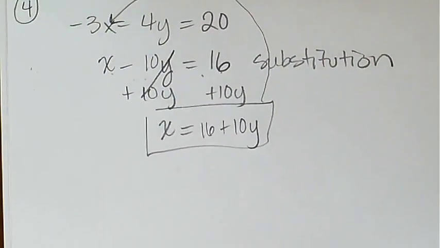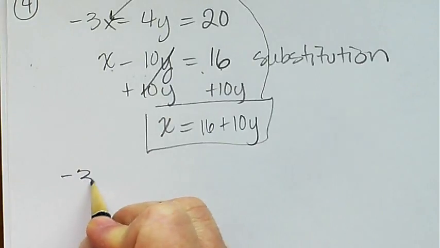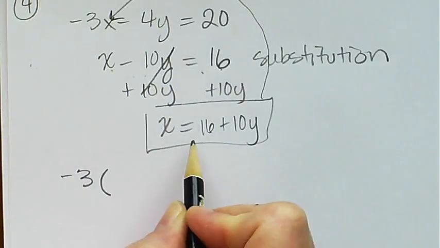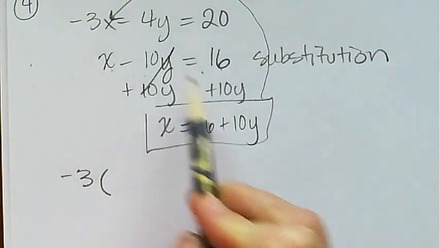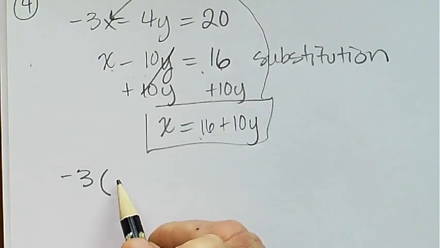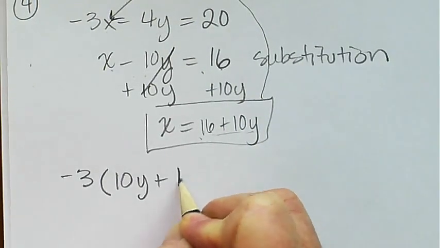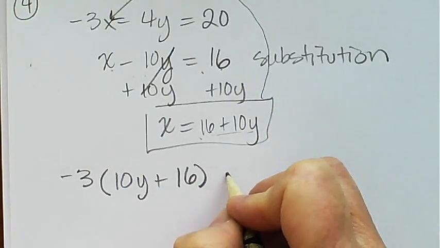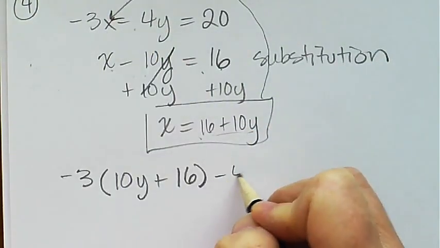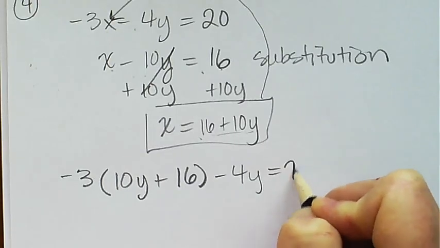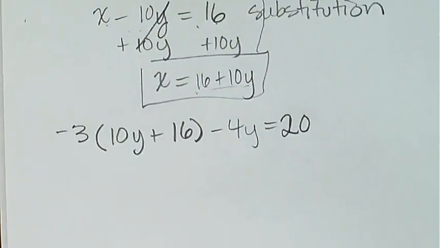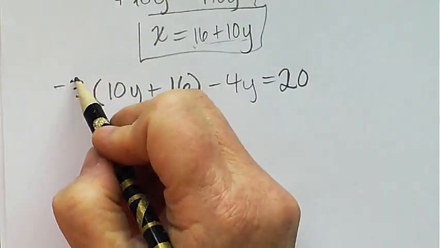So that would give me negative 3 times, and instead of writing an x, I'm going to switch that x out for, let's go ahead and put the 10y first. I don't think it really makes a difference. 10y plus 16 minus 4y equals 20. Whoops. And let's solve for y.